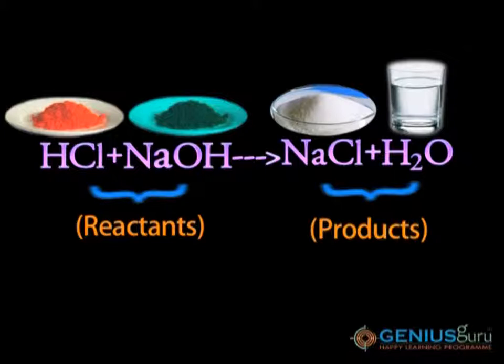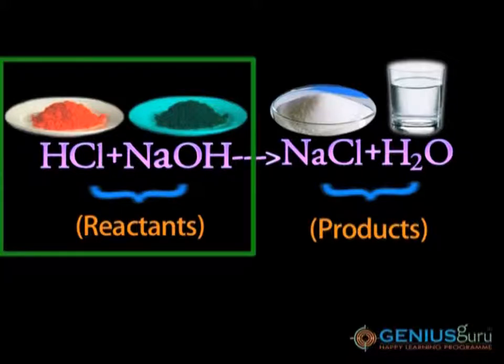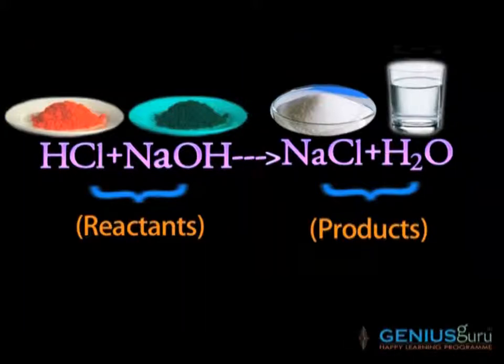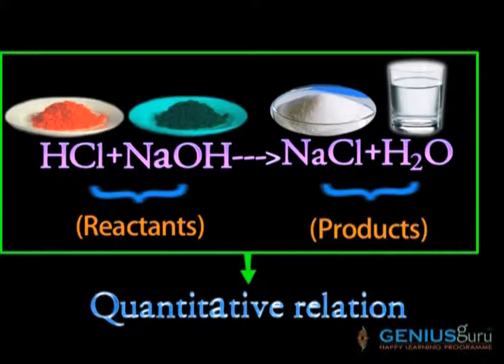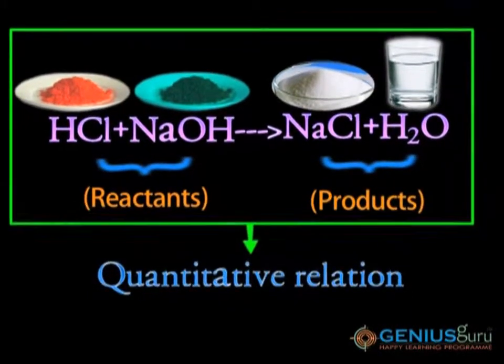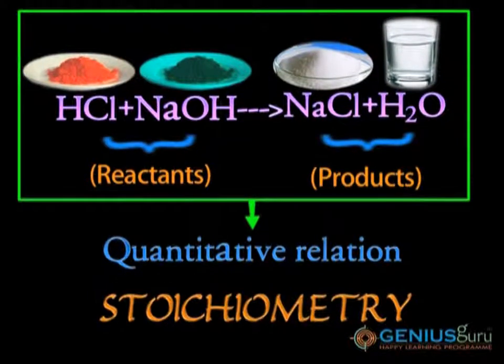In order to obtain the quantitative relation, that means how much amount of reactants we should take for obtaining some amount of products, we must know about stoichiometry.